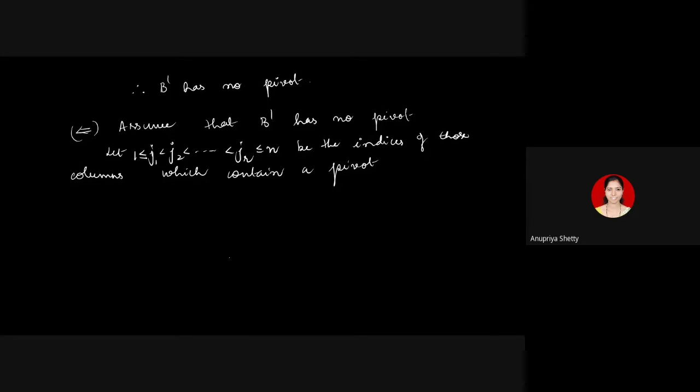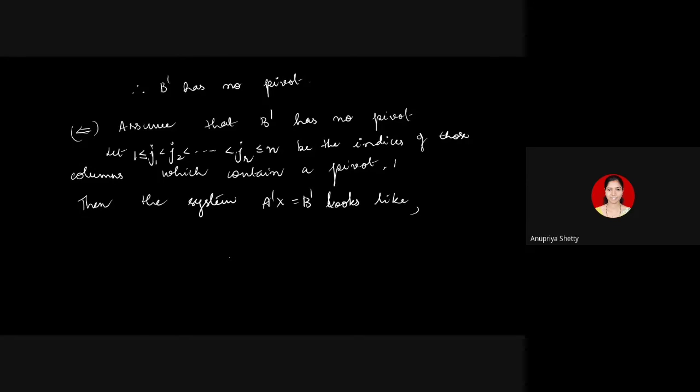Now we will write down how the system A dash x equal to B dash looks, or the form it is in. Let me do something here.